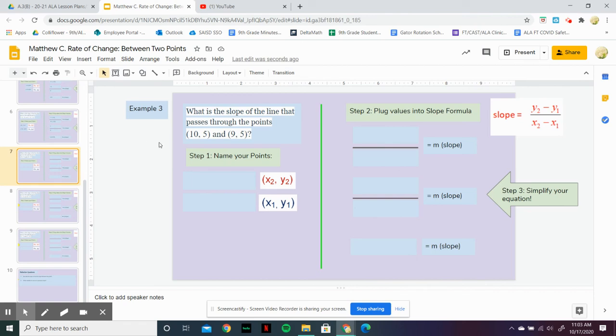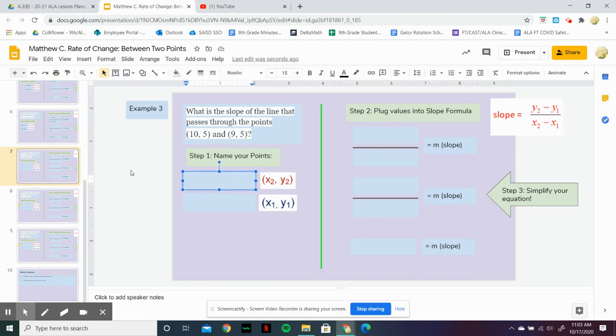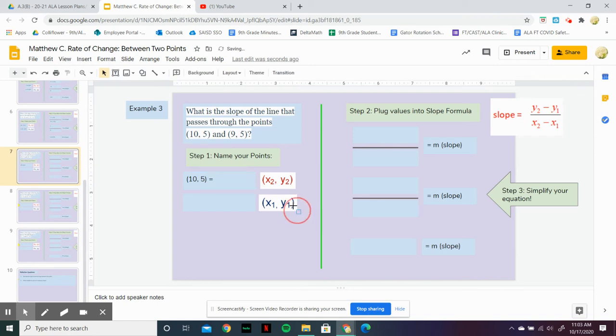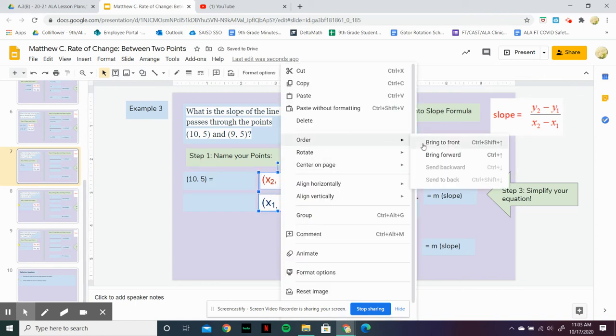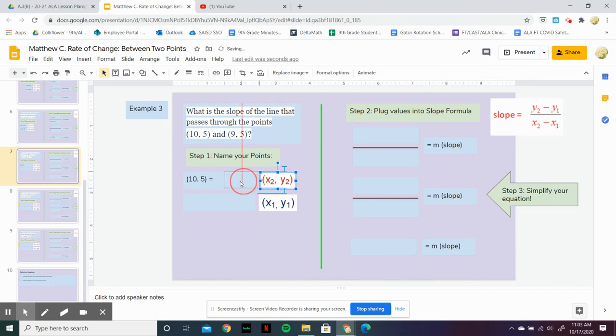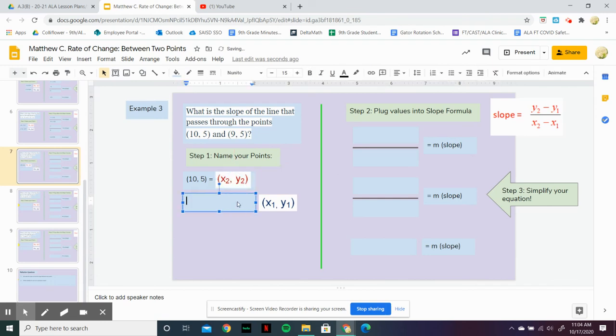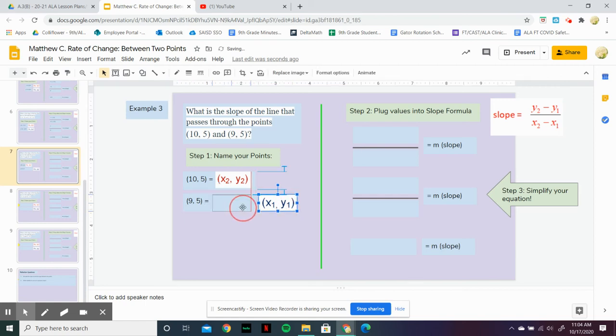Example 3. What is the slope of the line that passes through the points 10, 5 and 9, 5? Step 1 is to name my points. I'm going to let 10, 5 be equal to x2, y2. And then I'm going to let 9, 5 be equal to x1, y1.